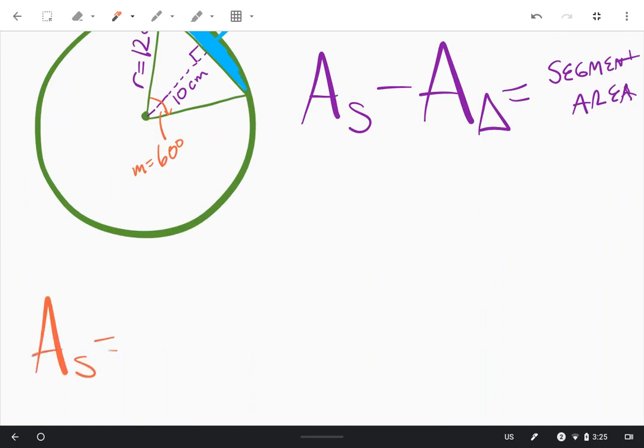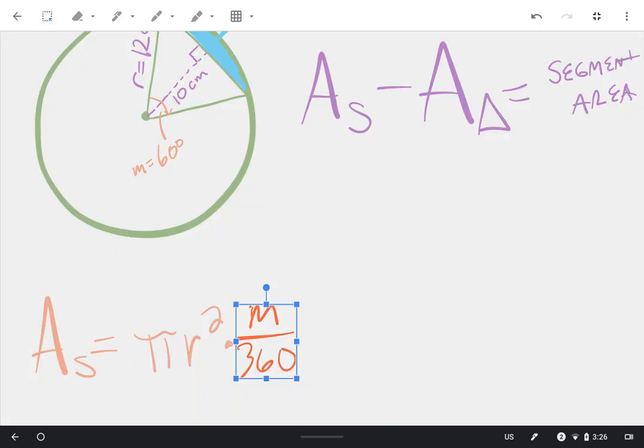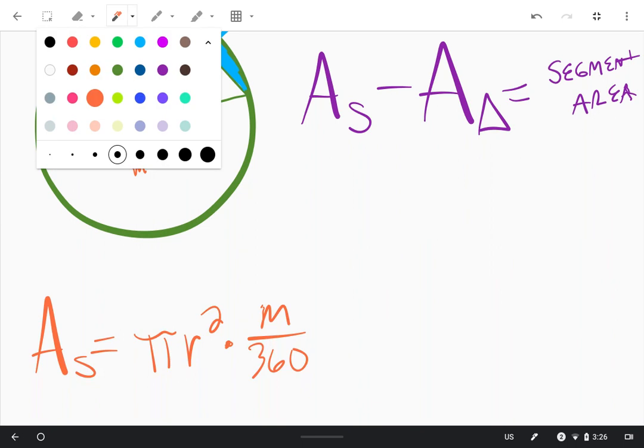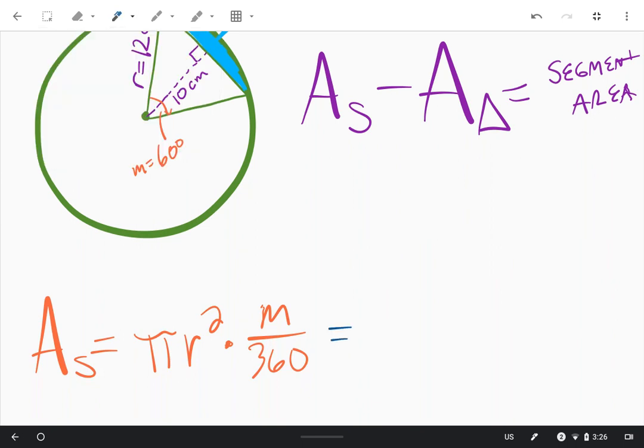So first thing we'll do is find the area of the sector. The area is pi r squared times M over 360. A little crowded. Let me move this over. There we go. And so we're going to plug everything into that formula, and we get pi times 12 squared times 60 over 360.